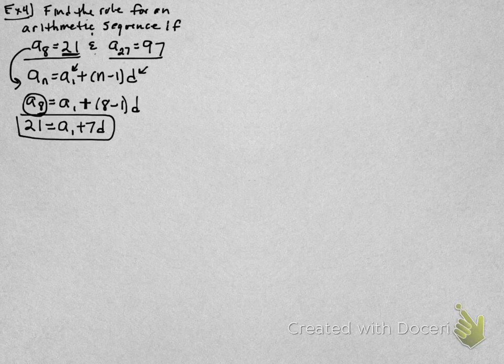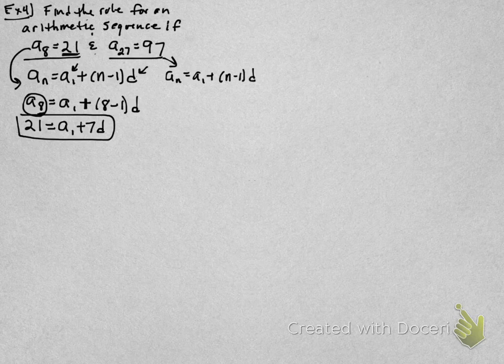I have an equation that's got two variables, a sub 1, the first term, and the common difference d. I can set up another equation just like it using a sub n equals a1 plus n minus 1 times d.